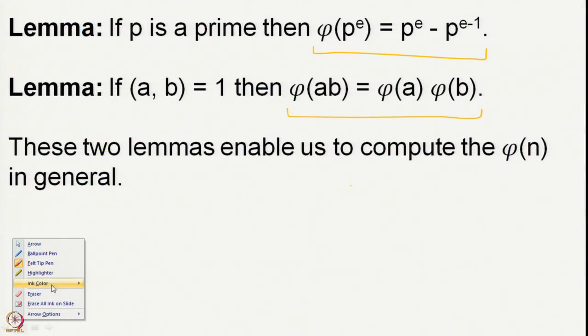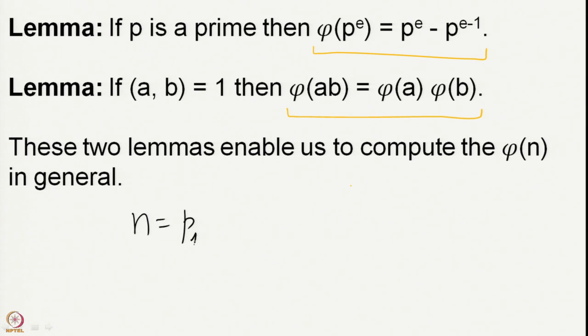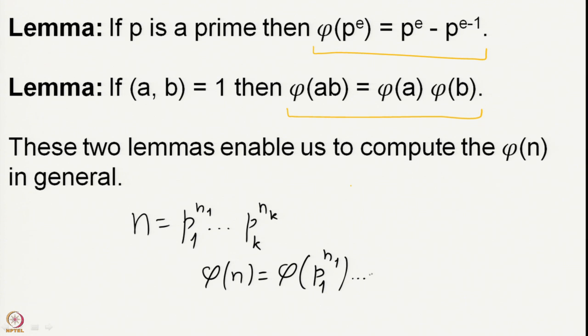So, these two lemmas enable us to compute the Euler phi function in general, and the way to go about that would be to write n as a product of distinct prime powers, and after that we observe that we should have this property.